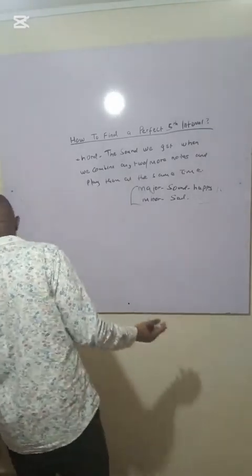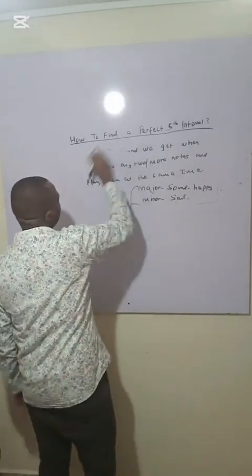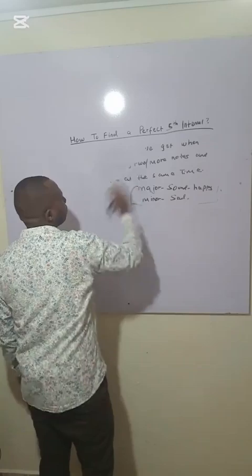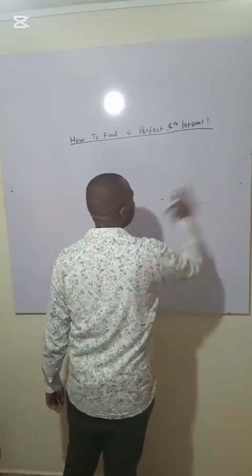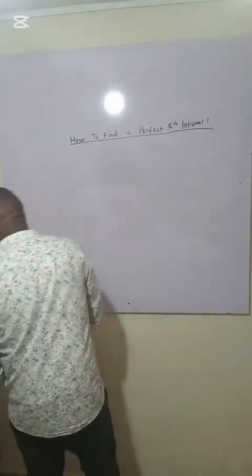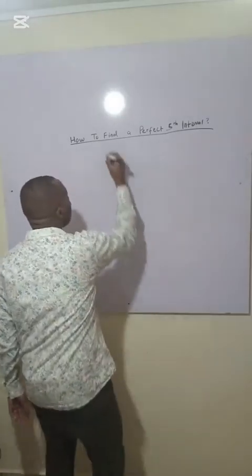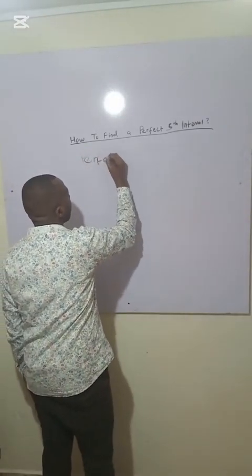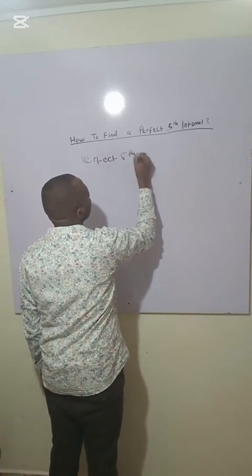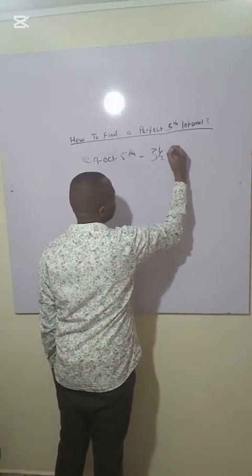So to our final question, how to find a perfect fifth interval. How do you find a perfect fifth interval? A perfect fifth interval is very easy. It is actually three and a half whole steps.